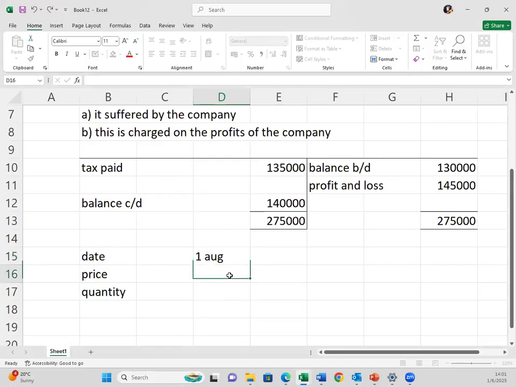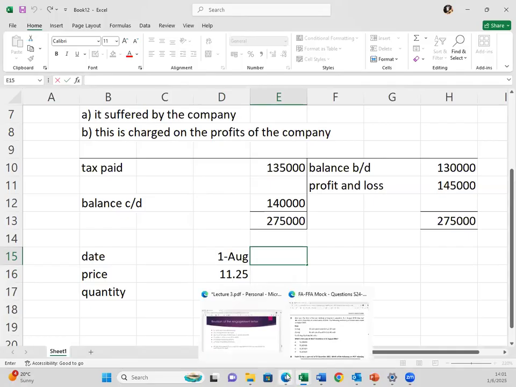The price we are told in total, but we want the price per unit. So what's 540 divided by 48? That's 11.25. So we bought at 11.25.